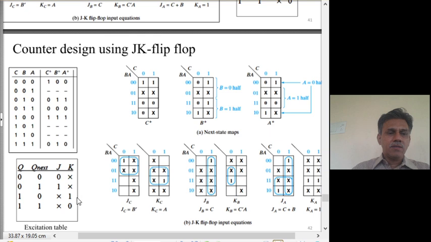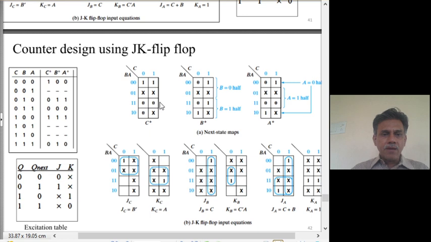Similarly, if you look at the KC, we have already filled the 0 K map with x's. When it comes to 1, this is what we have to fill. If you compare C plus and KC, if C plus is 0, K becomes 1, when C plus is 1, KC is 0, which means that we have to toggle it before putting it.